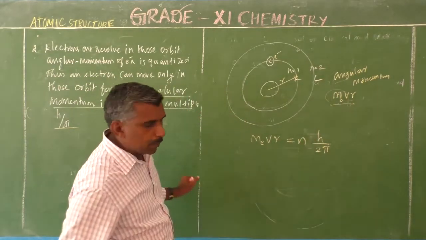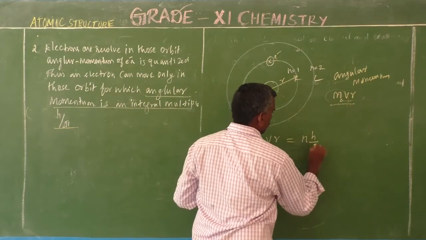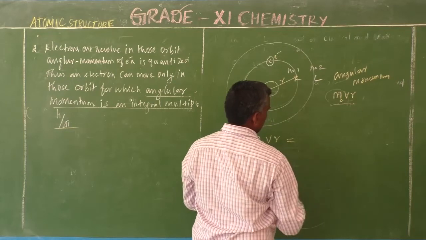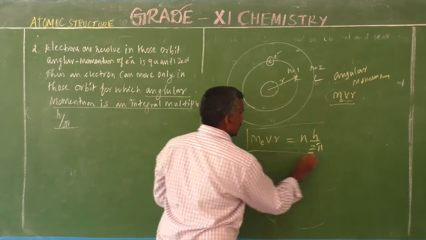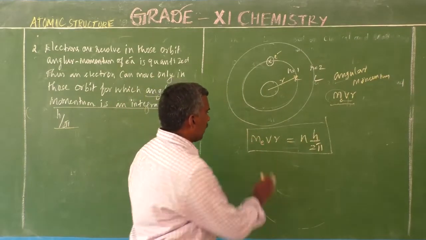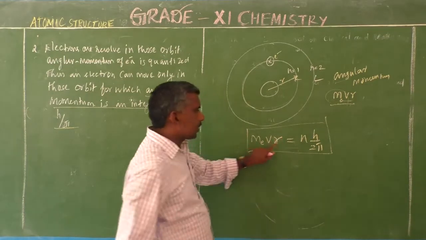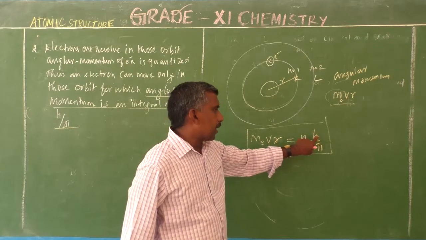That is, n h by 2 pi. This is the angular momentum of the electron, mvr, equal to an integral multiple n of h by 2 pi.